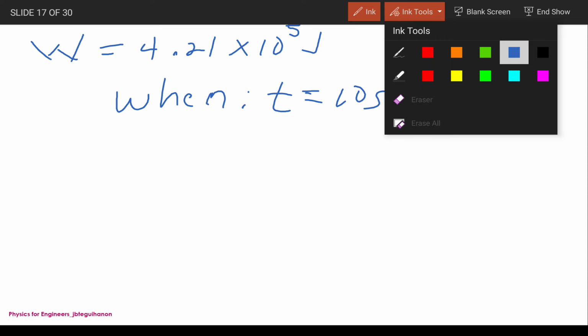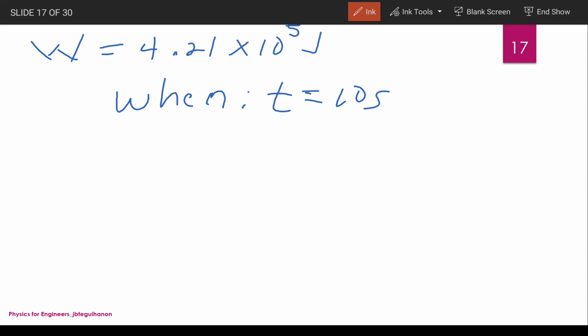What you got is this formula. The power, napasimple lang. Power is equal to work over time.